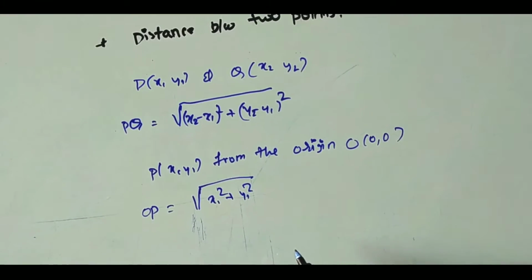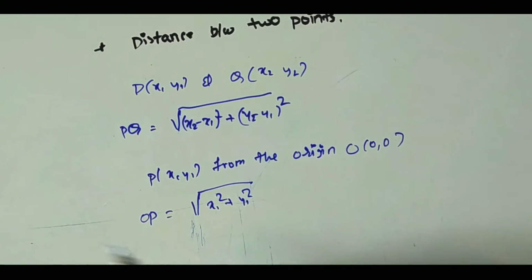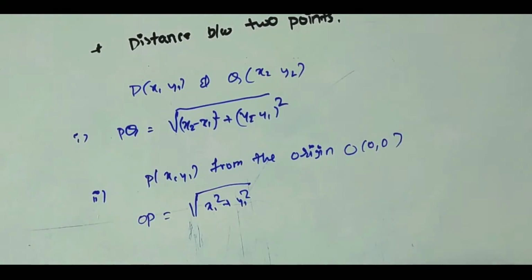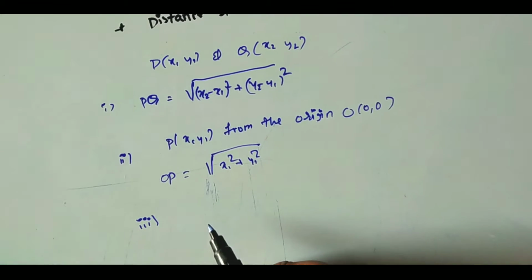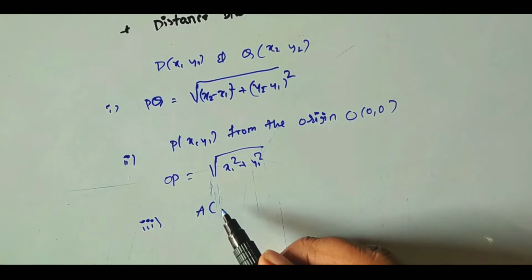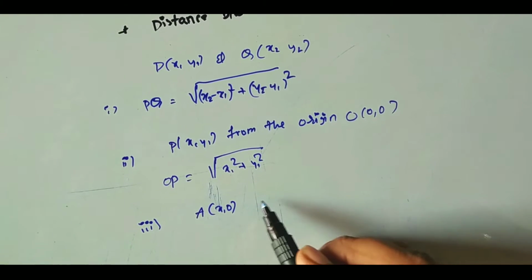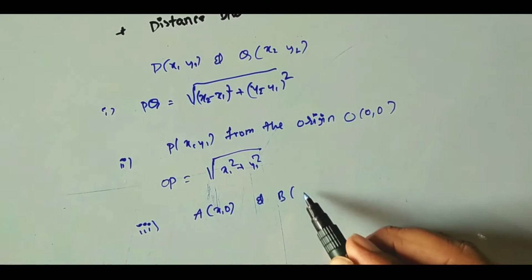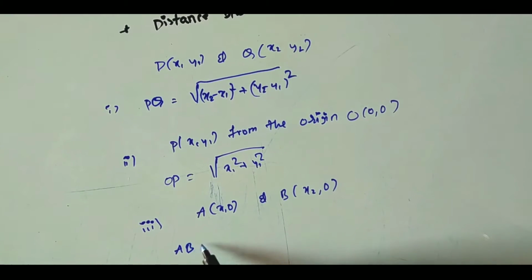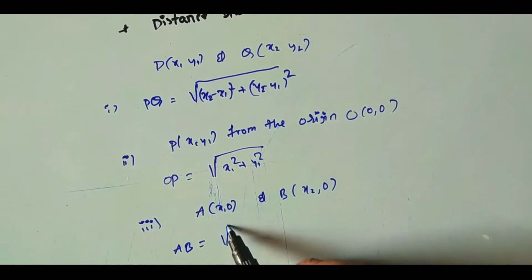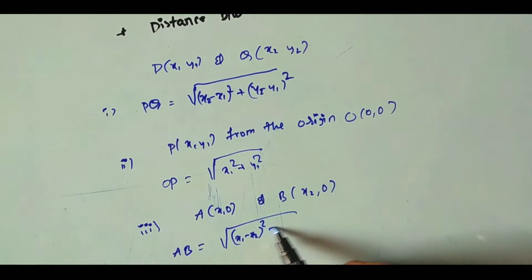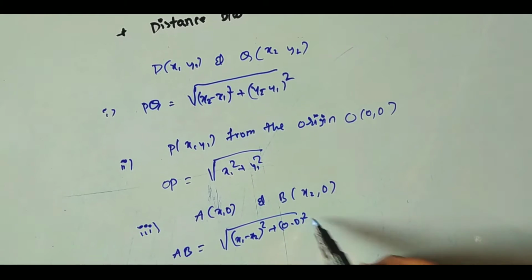Okay, now the distance between 2 points, the third one's formula. When we take A point x1 comma 0 and B point x2 comma 0, AB is equal to under root, substituting this we get x1 minus x2 whole square plus 0 minus 0 whole square.